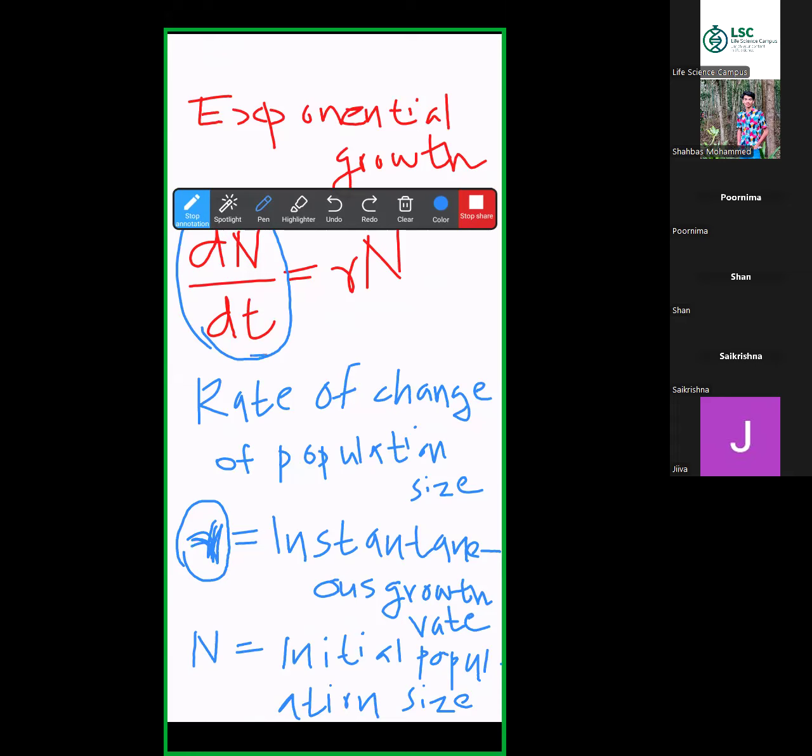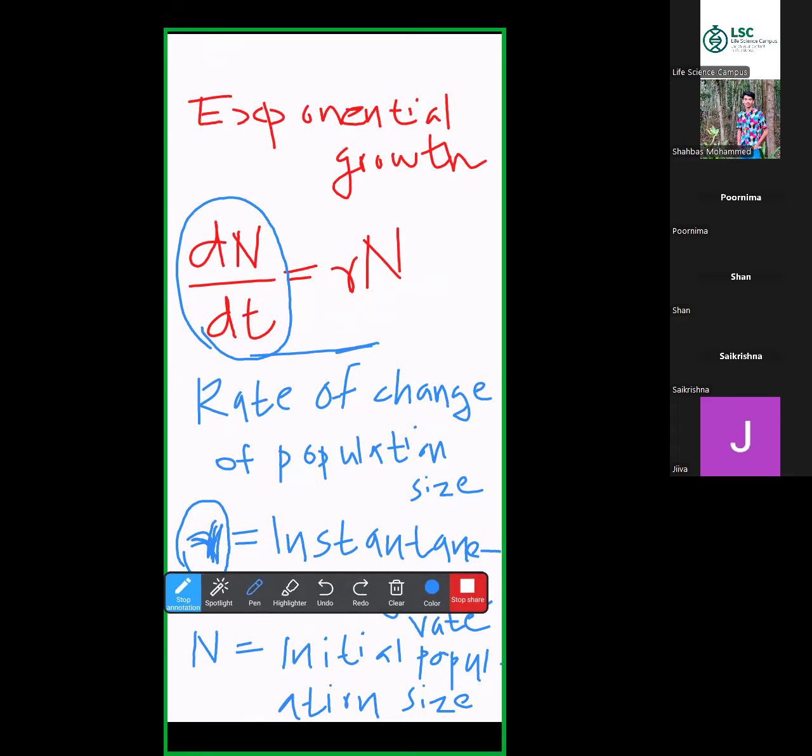So this equation is important: dN by dt is equal to RN. R is the instantaneous growth rate, N is the initial population size. Is the equation clear for you?